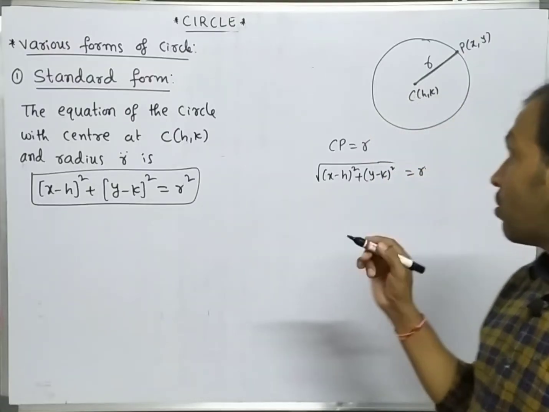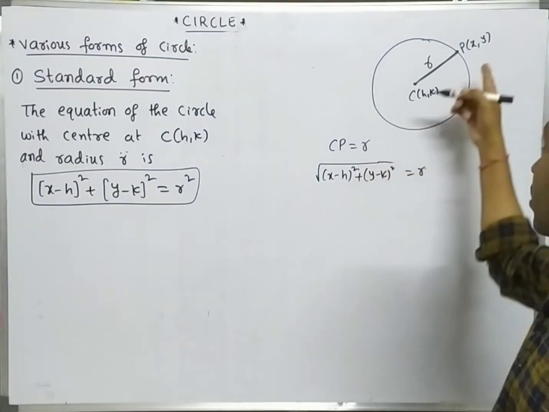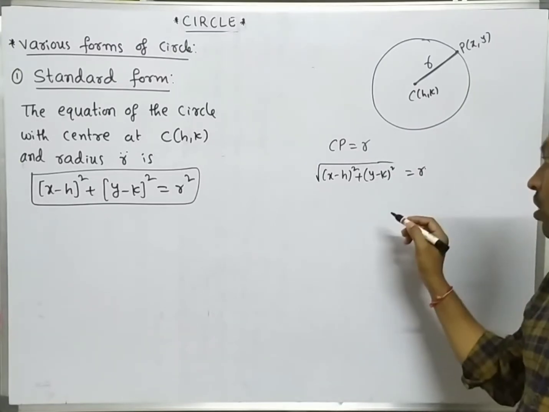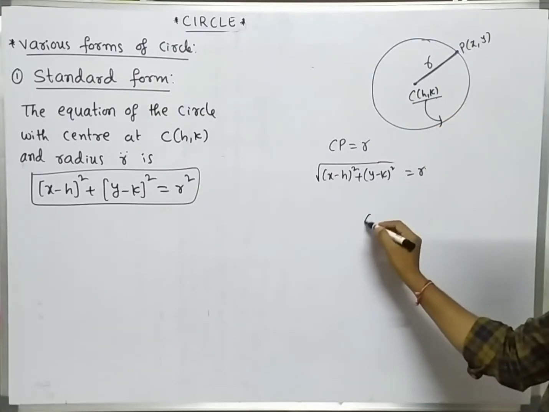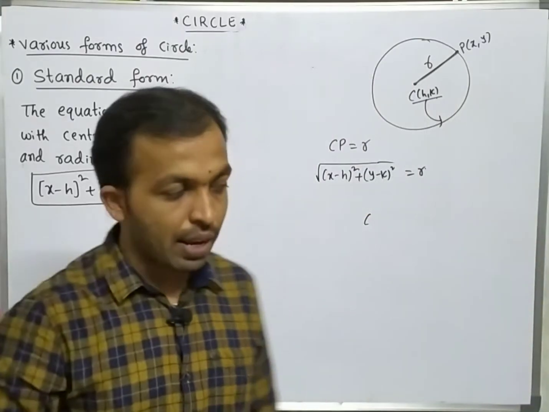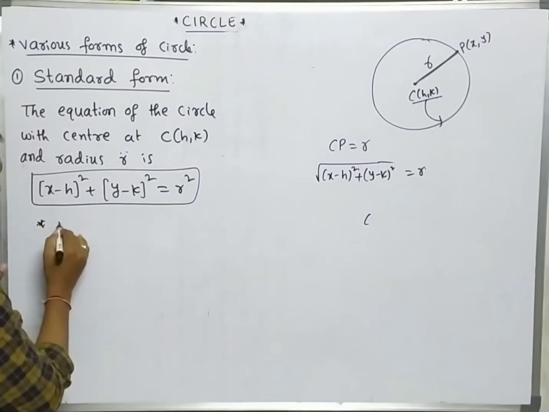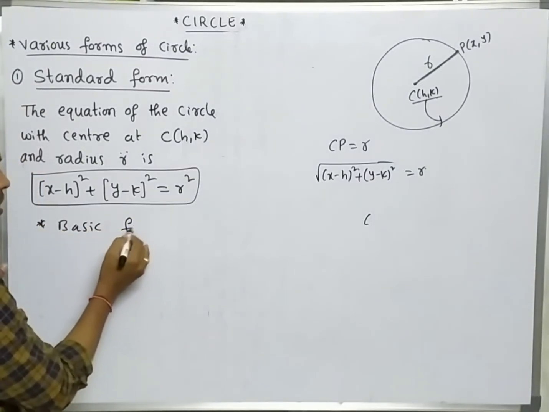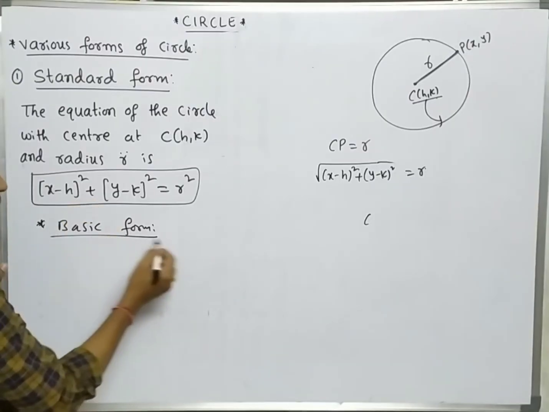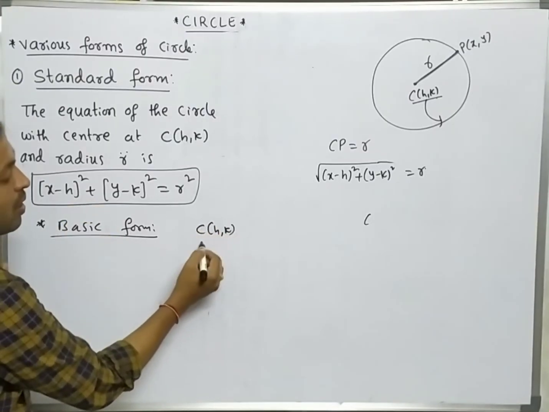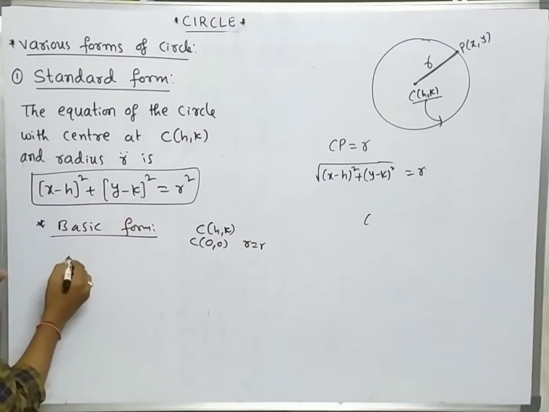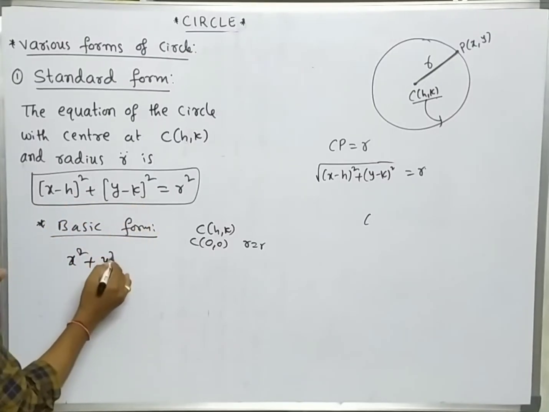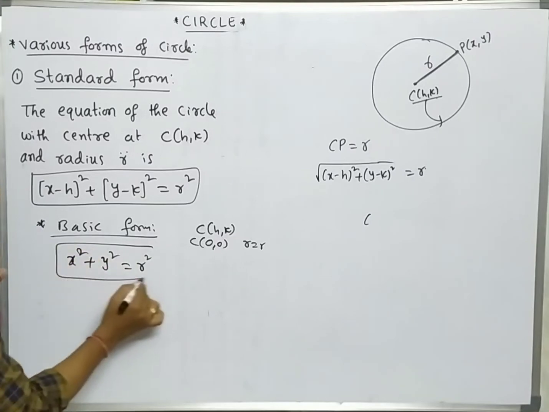Here C(h, k) is the center and r is the radius. Now if the center is located at the origin, that means (h, k) is (0, 0), that is called the basic form. If the center is (0, 0) and r is the radius, the equation of the circle becomes (x minus 0) whole square, x square, plus (y minus 0) whole square, y square, is equal to r square.